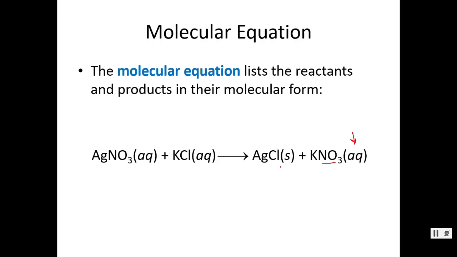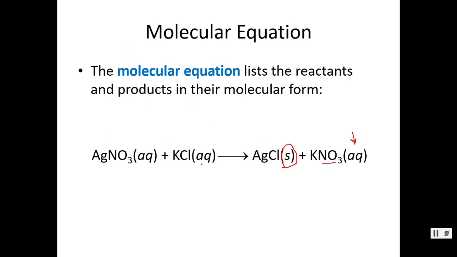And looking for AgCl on your solubility rules, you see that it is insoluble, so it is a solid. So this is our balanced equation. It is balanced because the number and type of atom on the left is equal to the number and type of atom on the right. This is our balanced double displacement precipitation reaction, because we formed a solid.